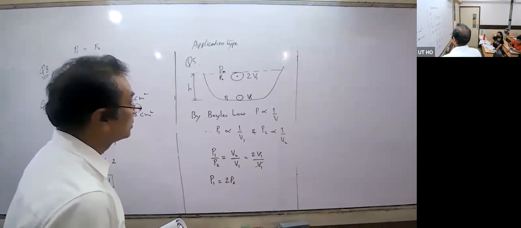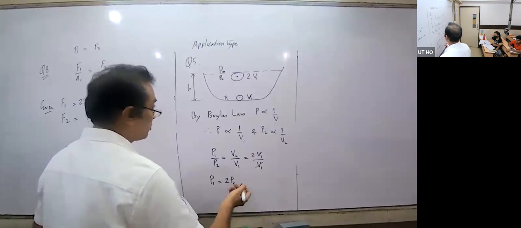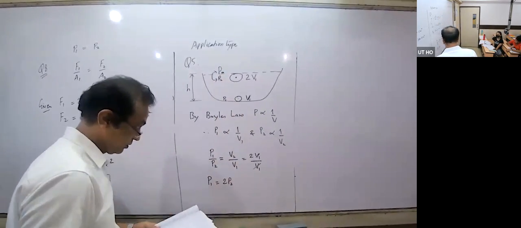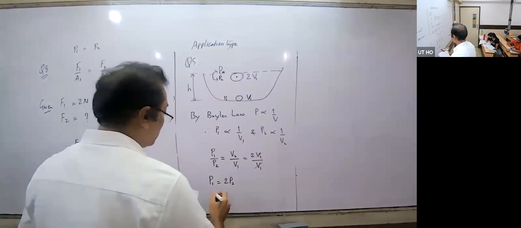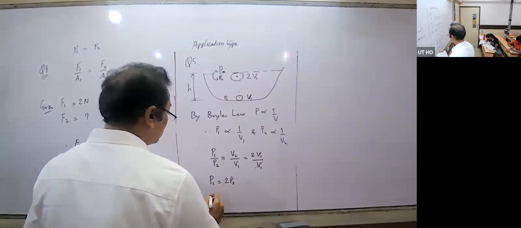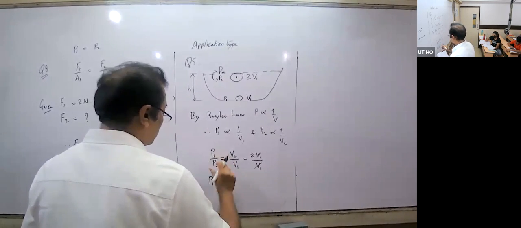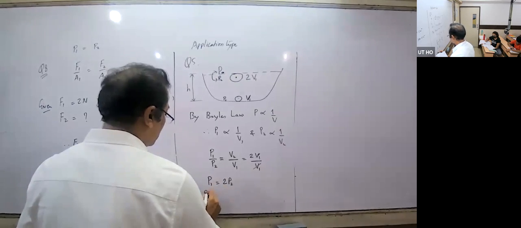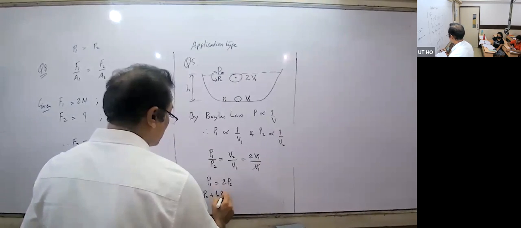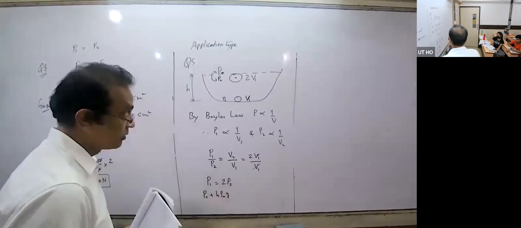P1 is equal to 2 times P2, and P2 is atmospheric pressure itself, right? So what is P1? P1 is equal to atmospheric pressure plus H rho W G, where H is the depth.